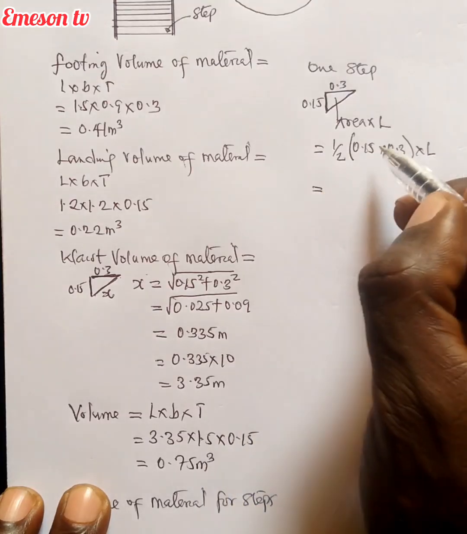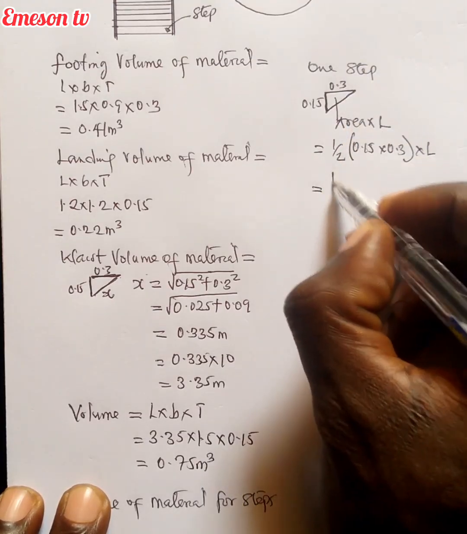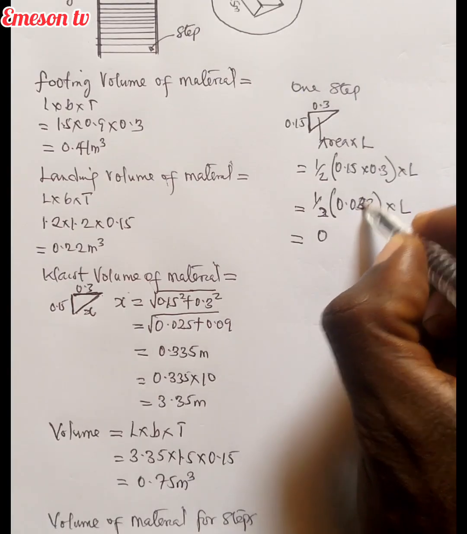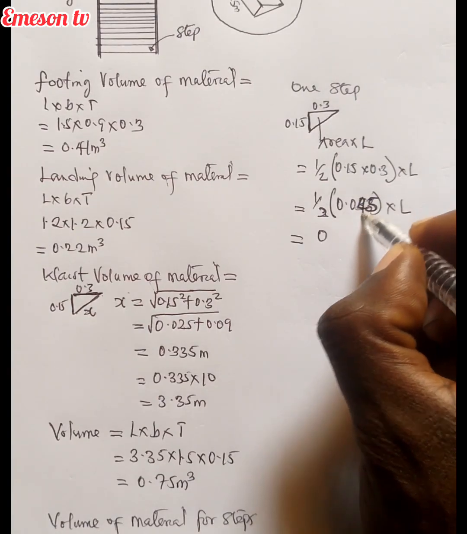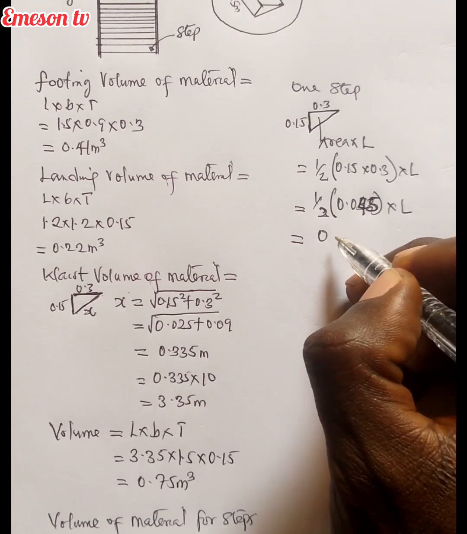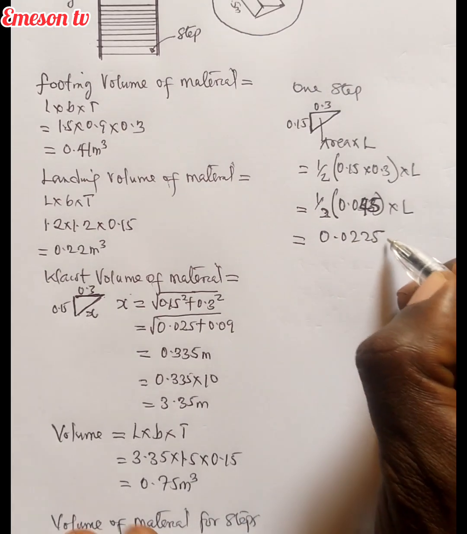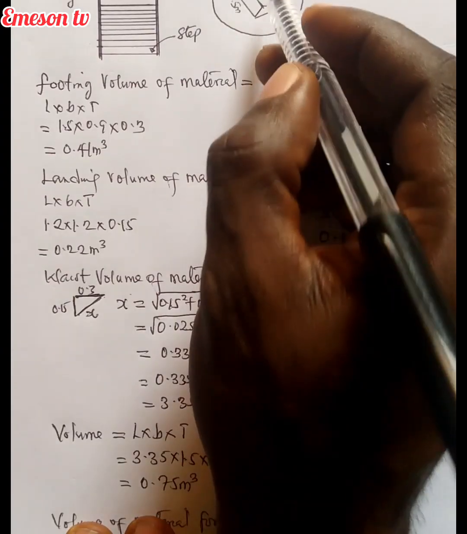So we're calculating the volume of one step. Half times 0.15 times 0.3 is 0.0225. Times the length, which is 1.5.